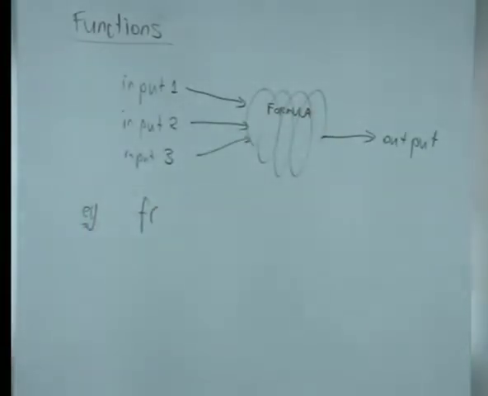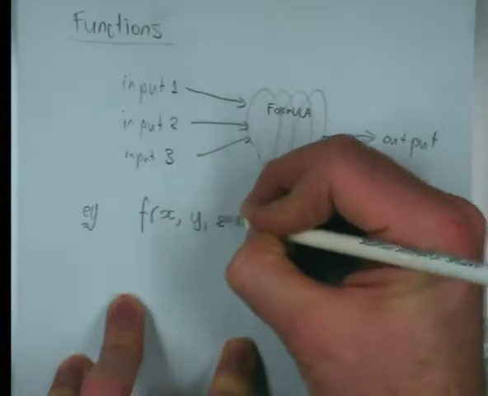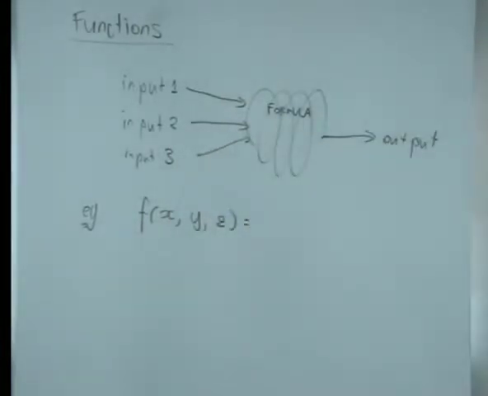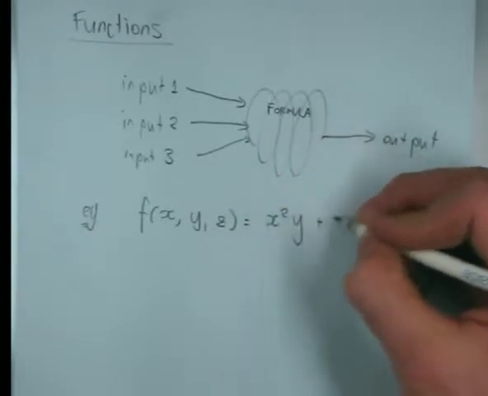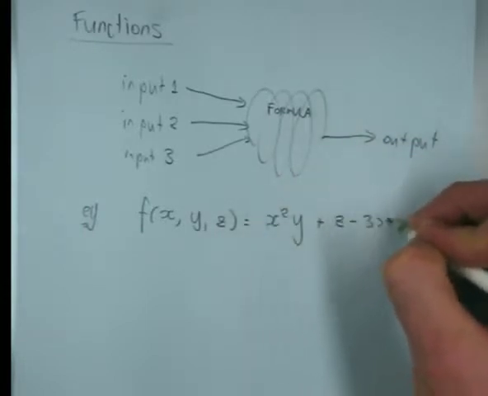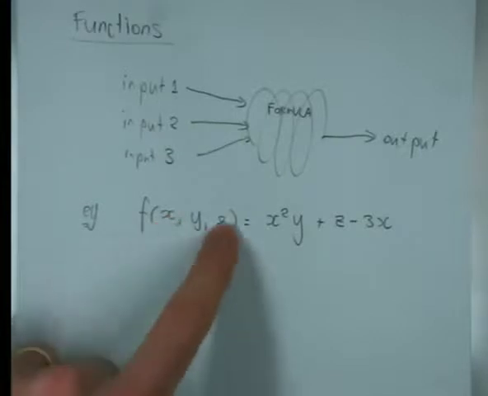Sometimes we call them g or h or pi, depending on what we want them to stand for. And usually the inputs are called x and y. And then there's some sort of formula that tells you how to get the output. That's a stupid one that I just made up off the top of my head. But the idea is that I take these three inputs, x, y, and z, and I do this formula.